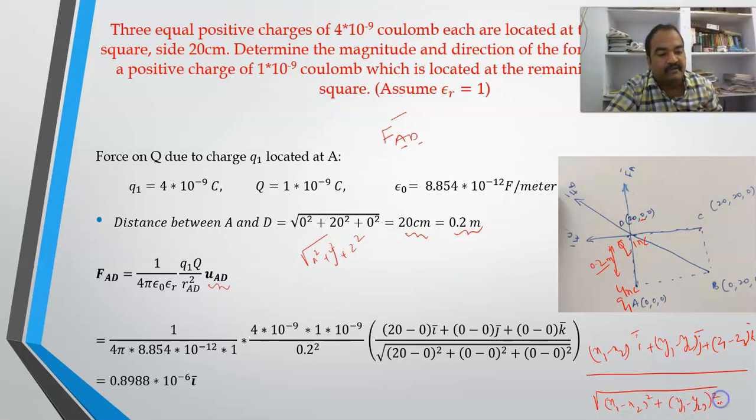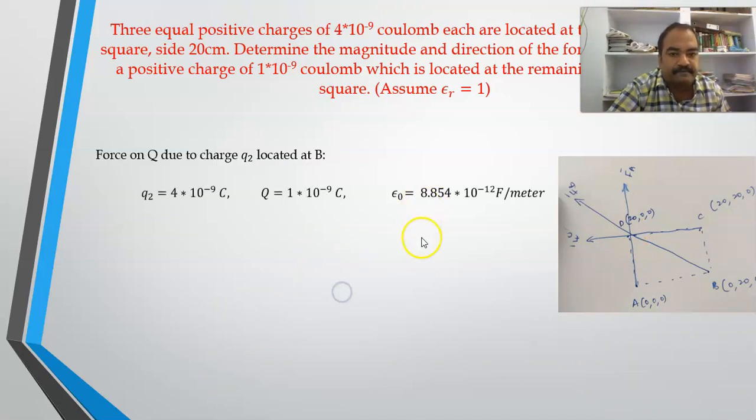This is the simplest way of computing the unit vector in xyz format. This is UR. So I have written x1, x2, y1, y2, z1, z2, or these coordinates 0, 0, 0 and 20, 0, 0, and I have applied here, and this is the answer which I have got. It is 0.8 micronewtons.